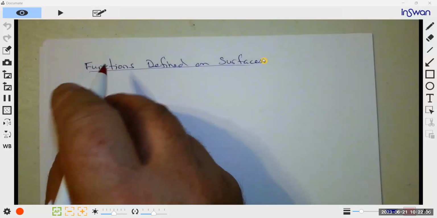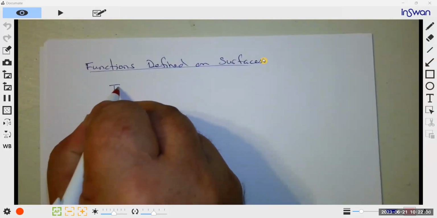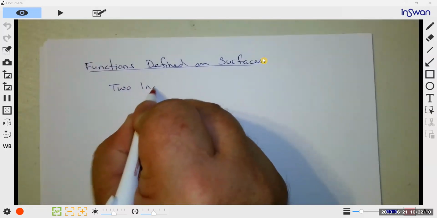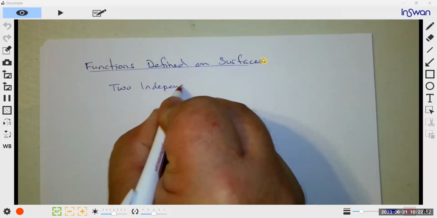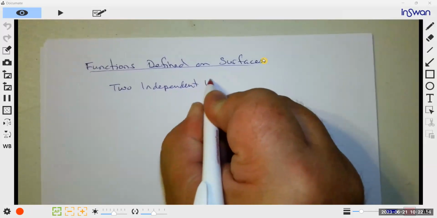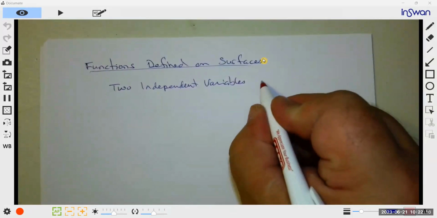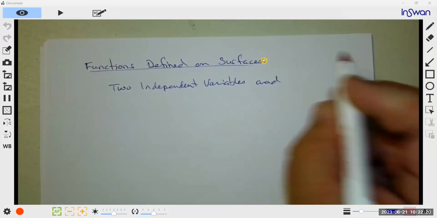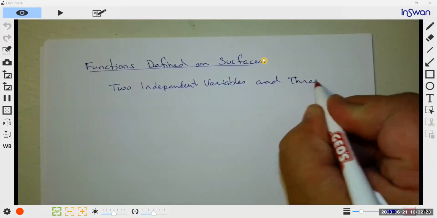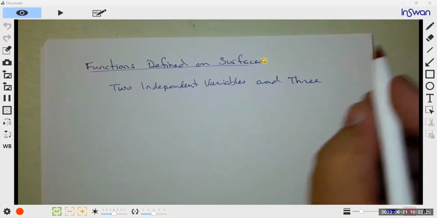So with this, we'll have 2 independent variables and 3 intermediate.